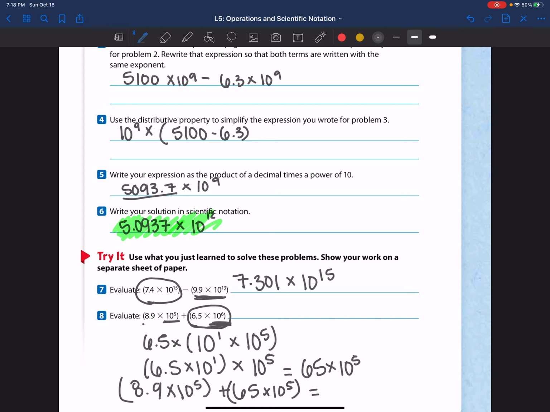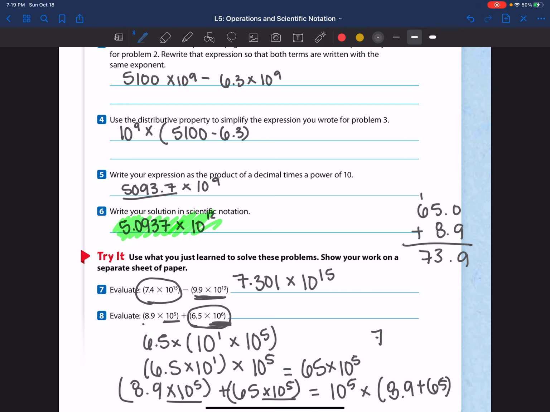And I will factor out my common factor, which is 10 to the 5th, multiplied by 8.9 plus 65. So I'll go ahead and add those two. So I've got 73.9 times 10 to the 5th.